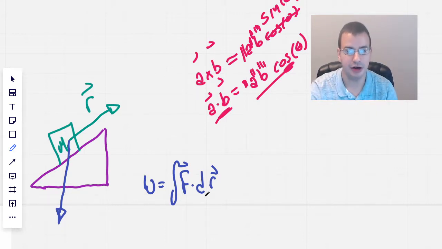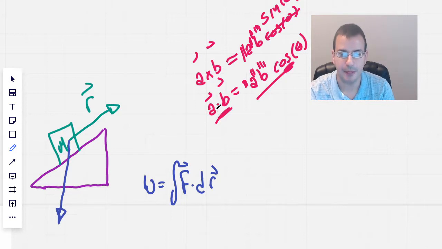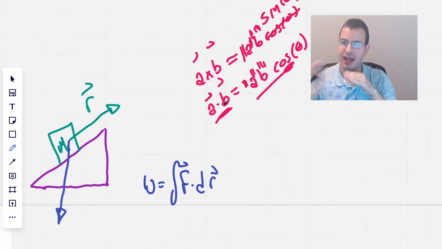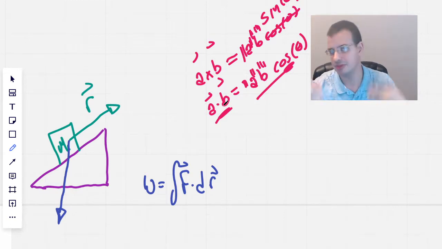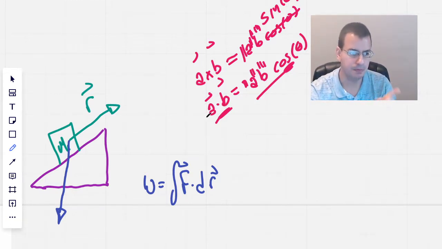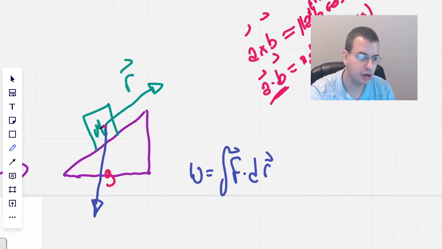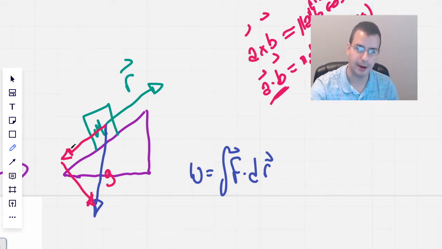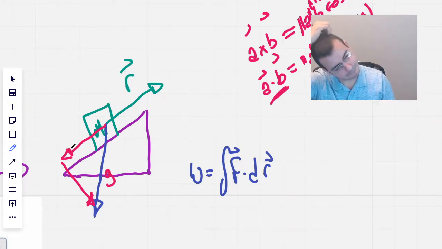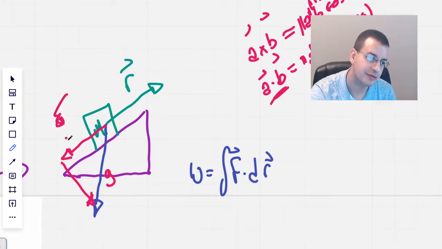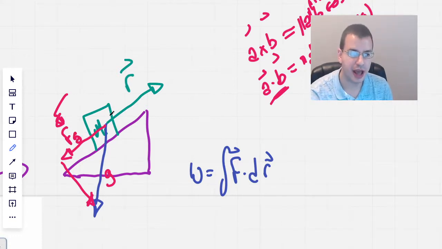You can think of A dot B as how much of A is in the direction of B, times the magnitude of B. When we decompose gravity like this, this portion of force gravity is going to interact with this displacement r.